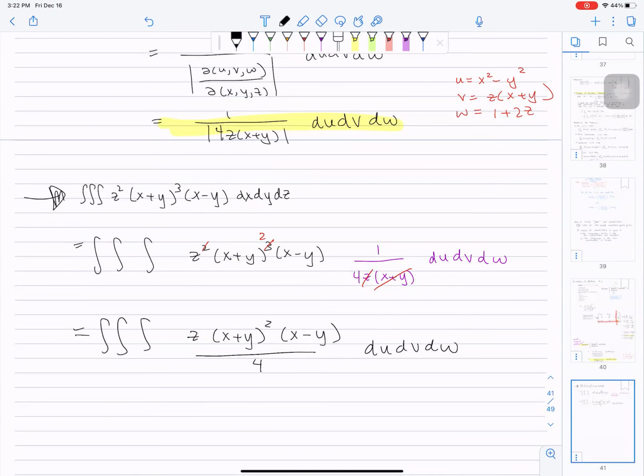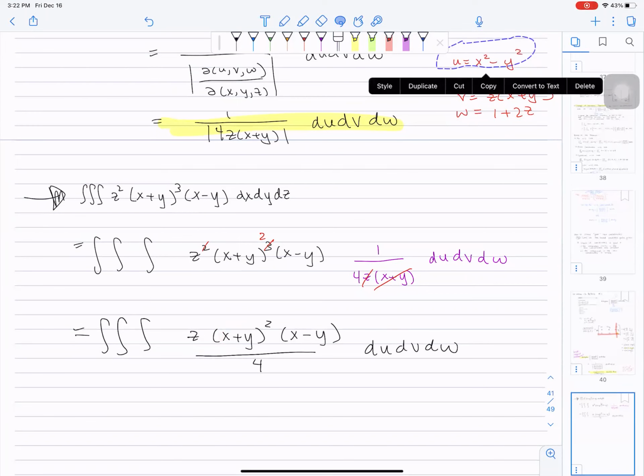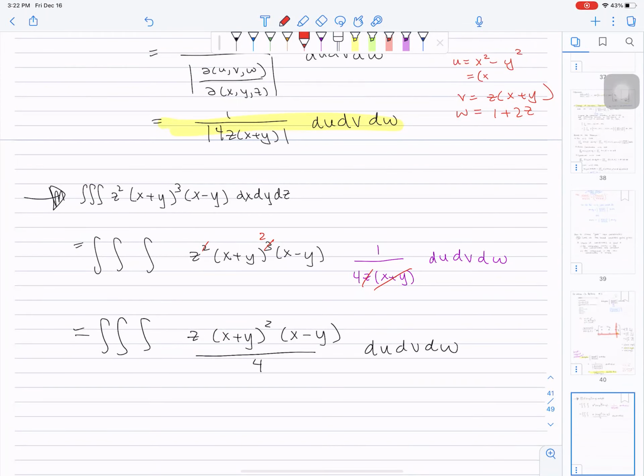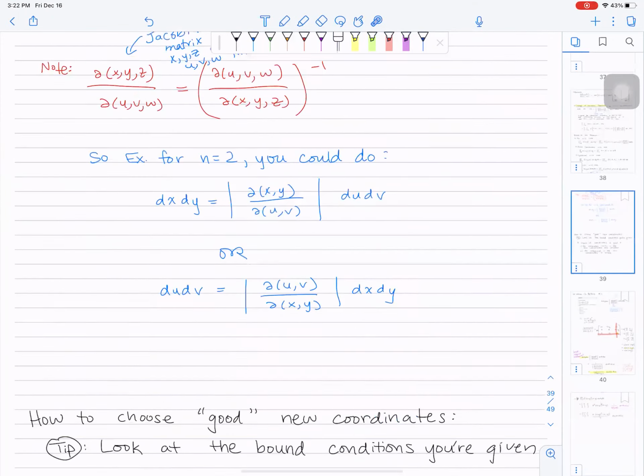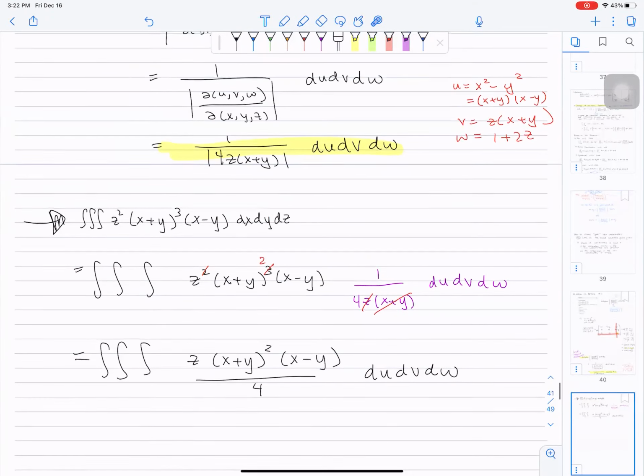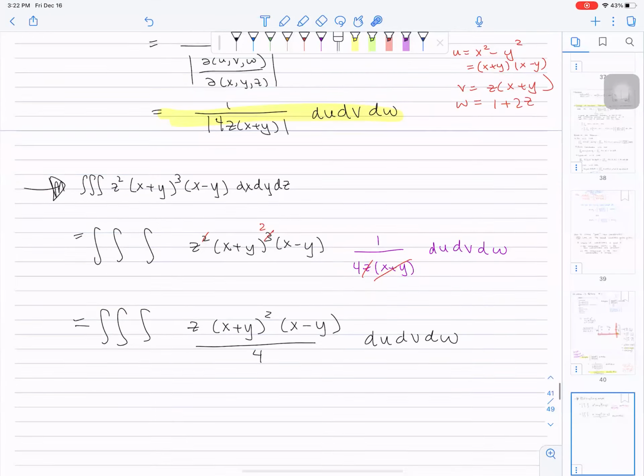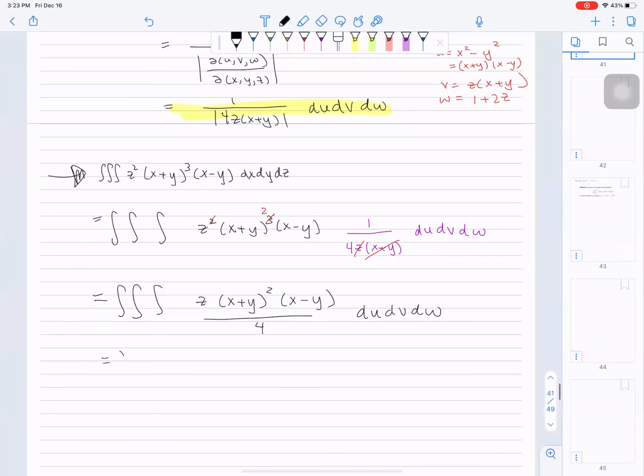Okay, but it still doesn't look like my u, v's, and w's, right? But what exactly is x squared minus y squared? I can rewrite it as x plus y times x minus y. So maybe I do see an x plus y, x minus y somewhere. Oh, I do, right? So let's rewrite our integrand.